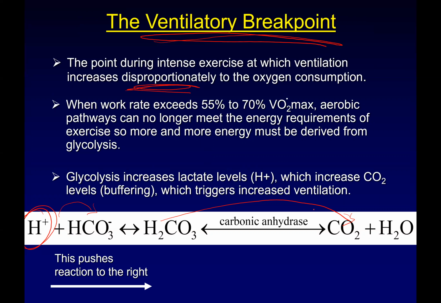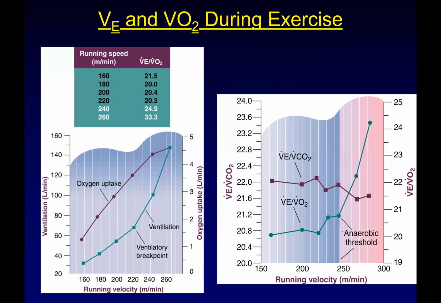We have CO2 coming directly from the Krebs cycle, from aerobic metabolism. But now we also have additional CO2 that's being driven out of the blood by the fact that we are making lactic acid. Okay, so we have metabolic CO2 and then we have buffered CO2. So you have more CO2 being produced than what's being produced in metabolism. And that extra CO2 is going to drive a further increase in breathing.